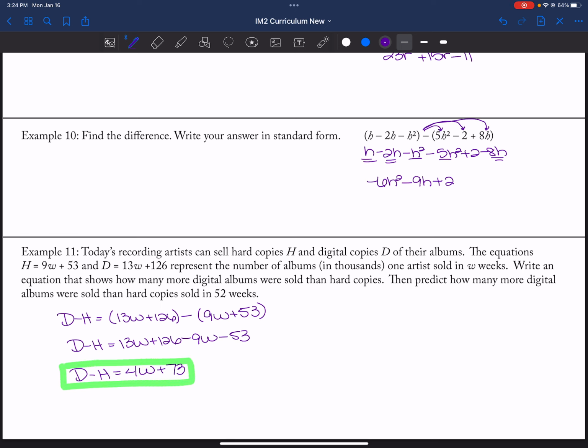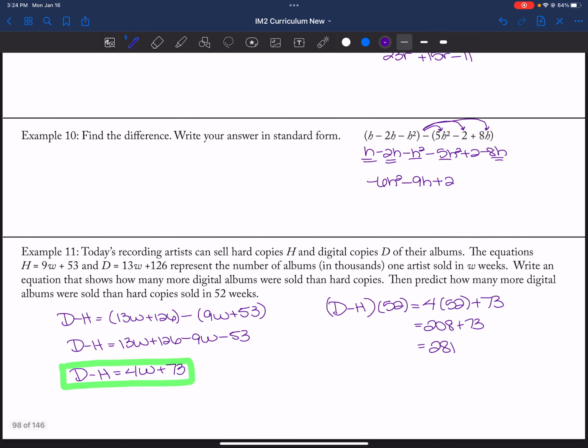Then I needed to know D minus H at 52 weeks. So that means I want 4 times 52 plus 73. So 4 times 52 is 208 plus 73. So that gives me 281.